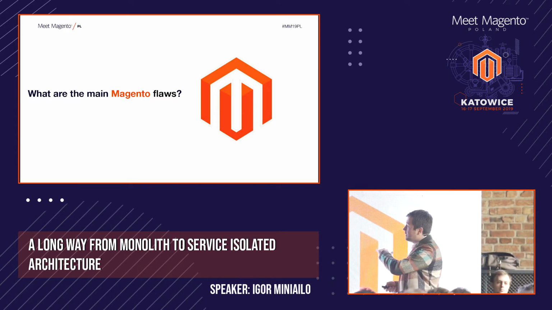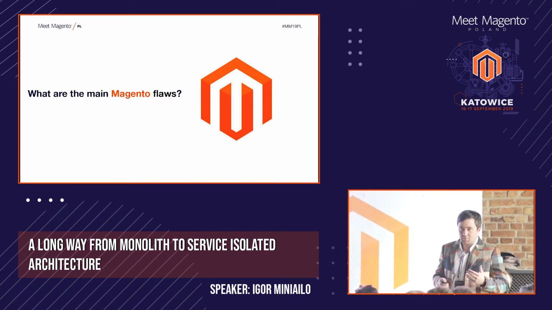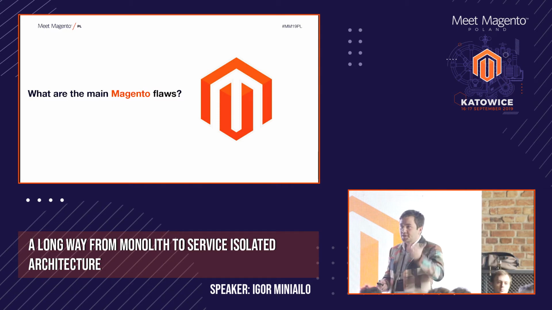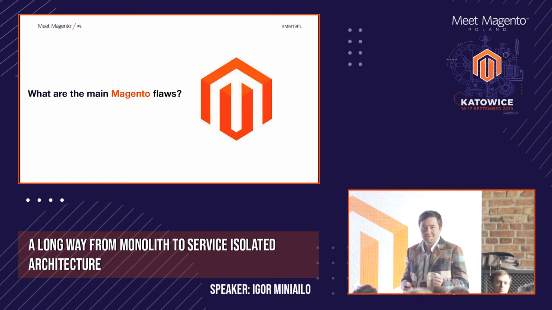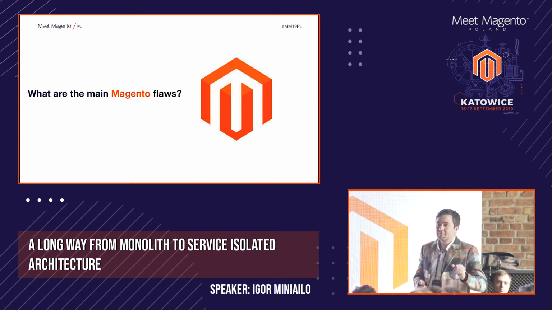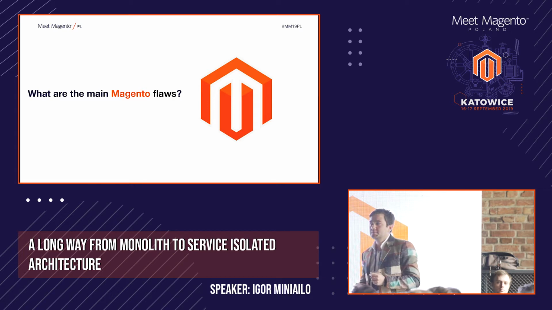I have on the next slide a list of the issues which we consider you are struggling with, but just to make sure that we are on the same page, tell me what particular issue you consider the main one in Magento right now. Any issues in Magento? Complexity. Is there anything else?